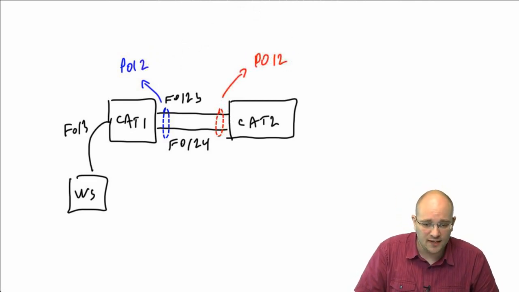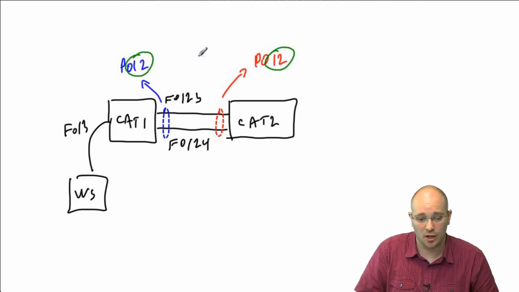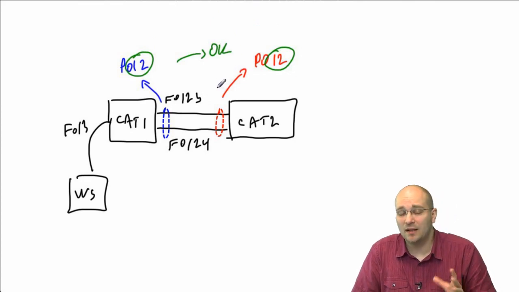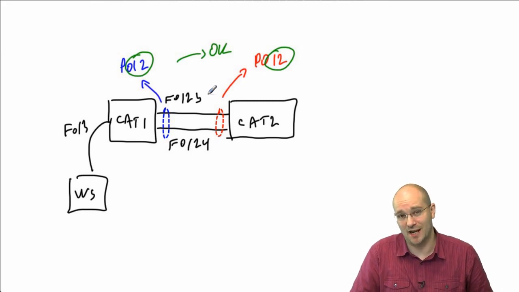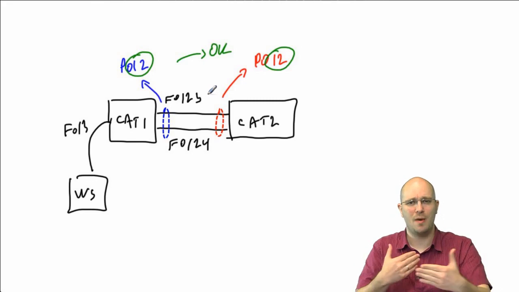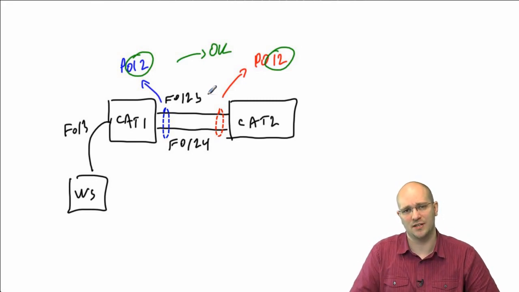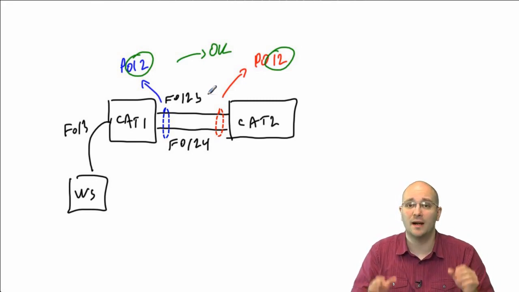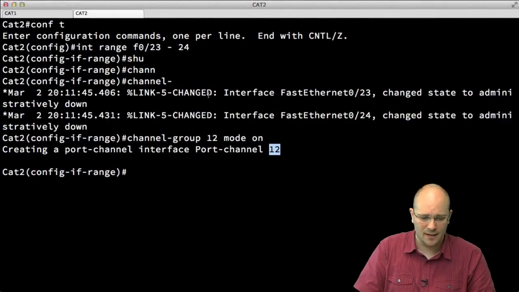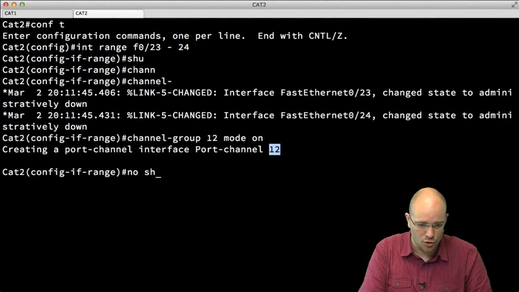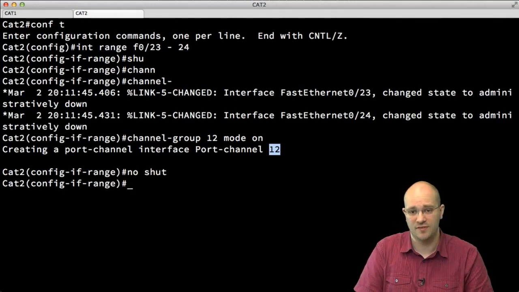I can use a different number here and a different number here, and my port channel will still be okay. But to avoid confusion, to avoid troubleshooting nightmares, as I like to call them, in production networks, you should really try to match port channels on two sides of your link. You don't have to, but it's a good common practice.